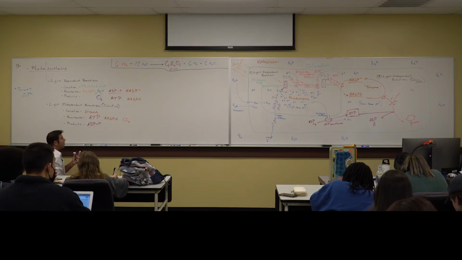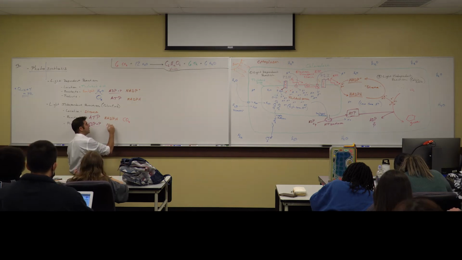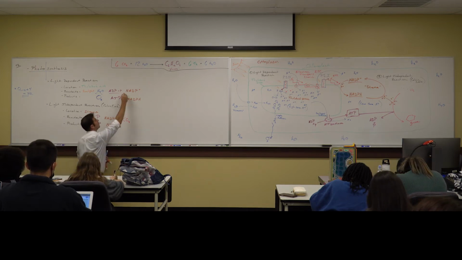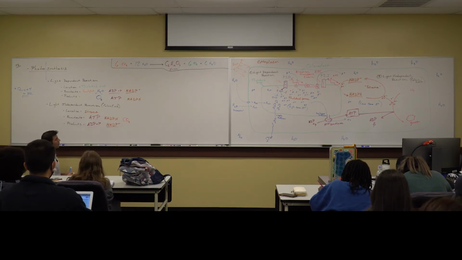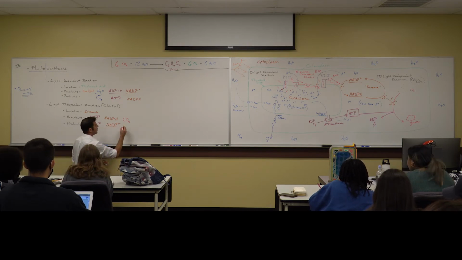We've just used up the electrons and hydrogens from the NADPH, so it goes back down to NADP with a little plus. But that's okay. The products of the Calvin cycle are the reactants of the light-dependent reaction. And the final thing that we have built there is our glucose molecule.